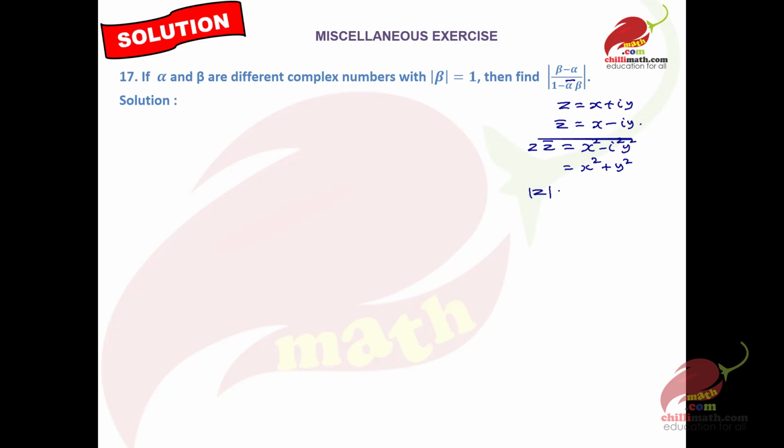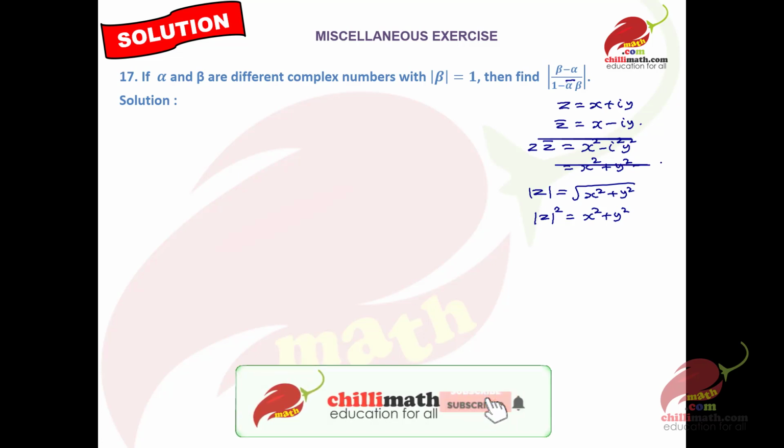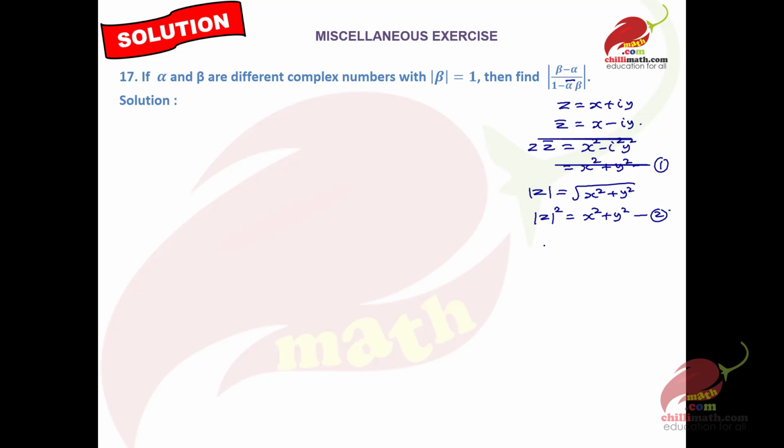And also we know modulus of z is equal to square root of x square plus y square. If I square on both sides, we get modulus of z whole square equal to x square plus y square. So from these both the equations, we get modulus of z square is equal to z into z conjugate.